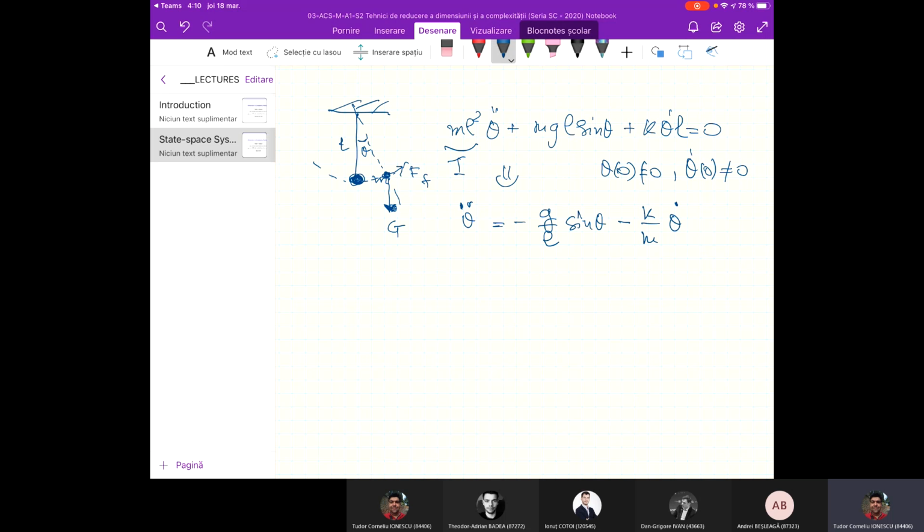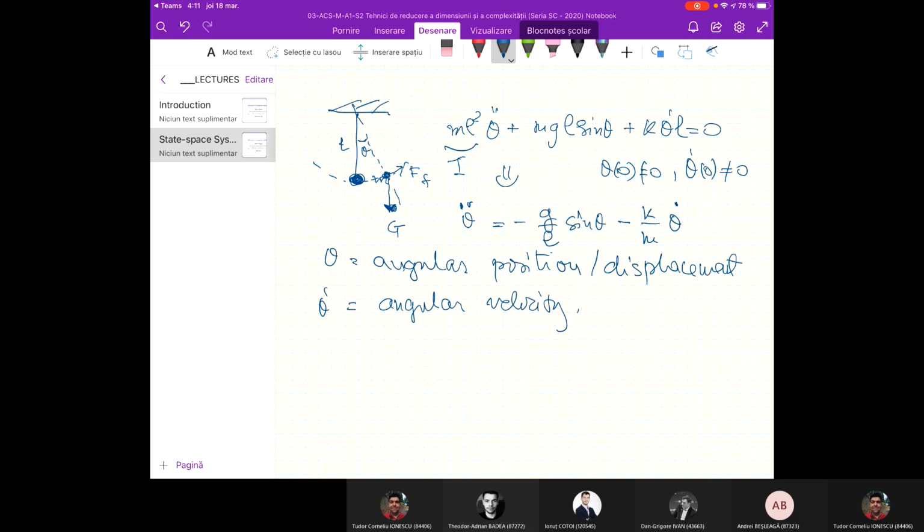It's just hanging. These are the initial conditions. Theta is the angular position or displacement, and theta dot is the angular velocity.